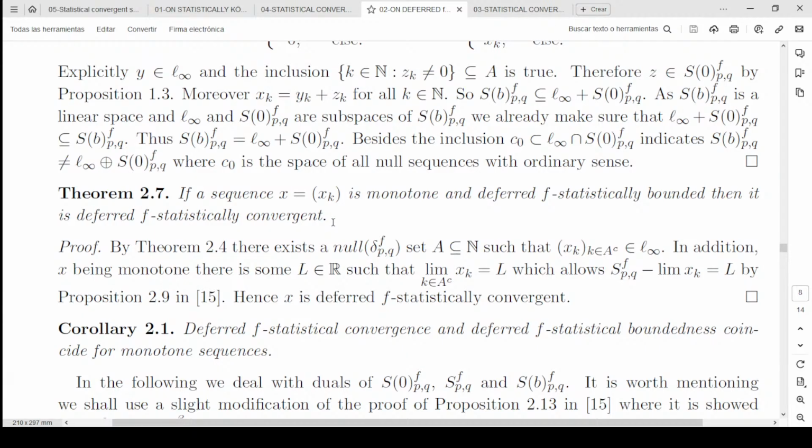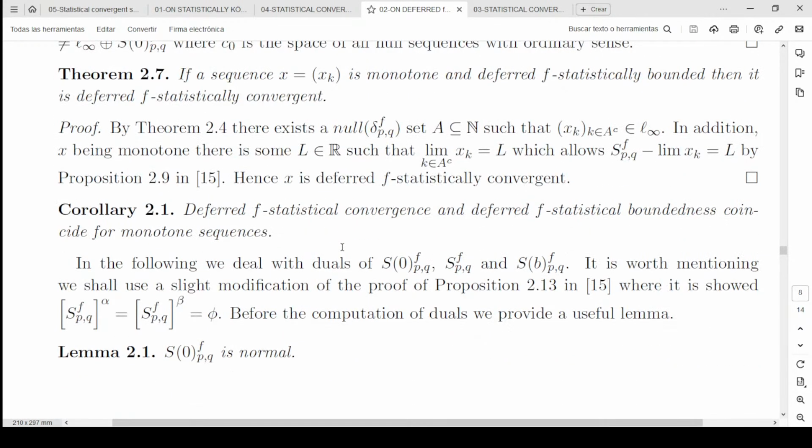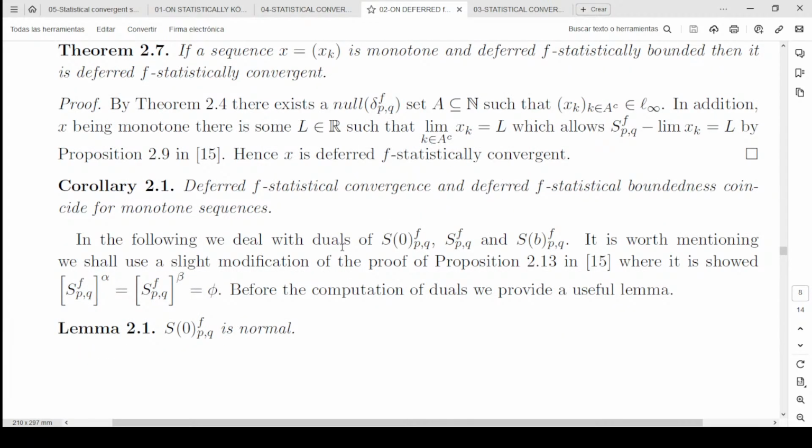This is a generalization of a very well-known property of monotone sequences which are bounded. So thanks to this theorem, deferred f statistical convergence and deferred f statistical boundedness coincide for monotone sequences.